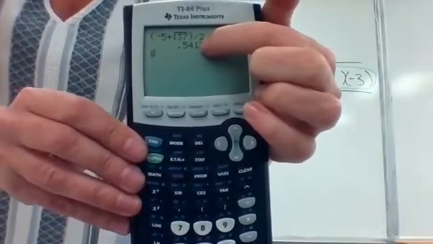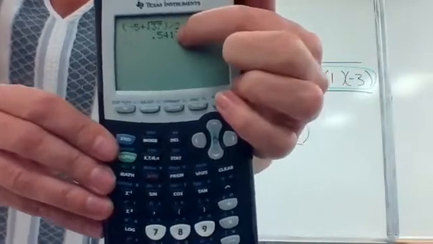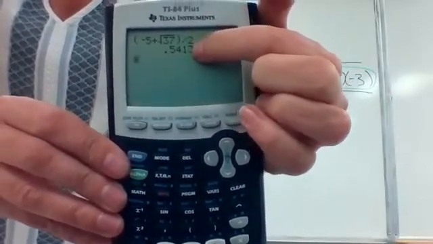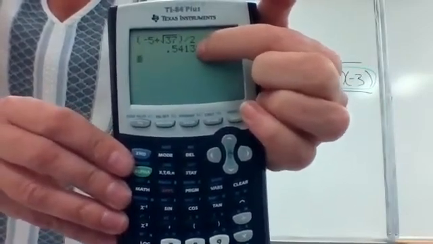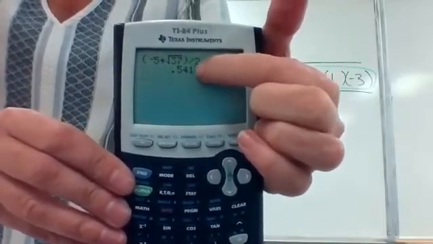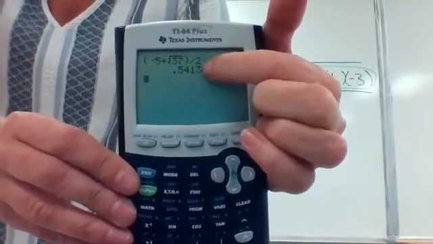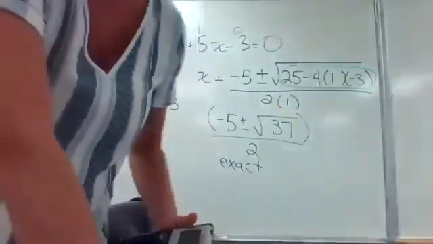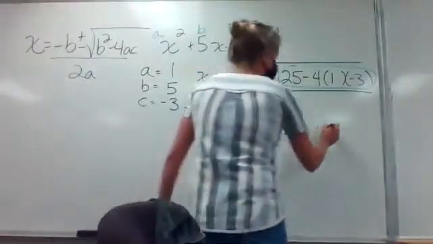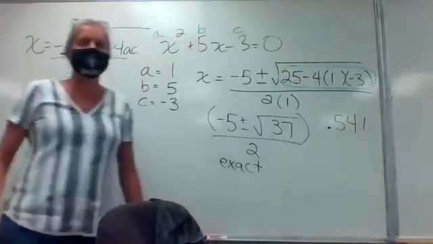But remember, you need to see whether or not that 1 rounds up to a 2 by looking at the number after the 1, which is a 3. 5 or above rounds that to 0.542, right? If it's below a 5, then it just stays 0.541. So that's one approximate solution.